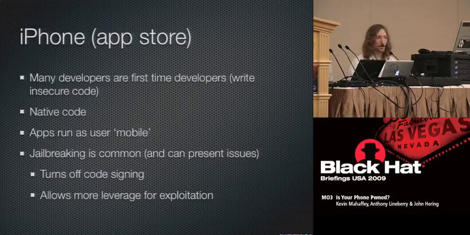But it does turn off code signing on the iPhone so that any software can just execute on there, whether malicious or good. And it gives a lot more leverage for exploiting stuff on there.